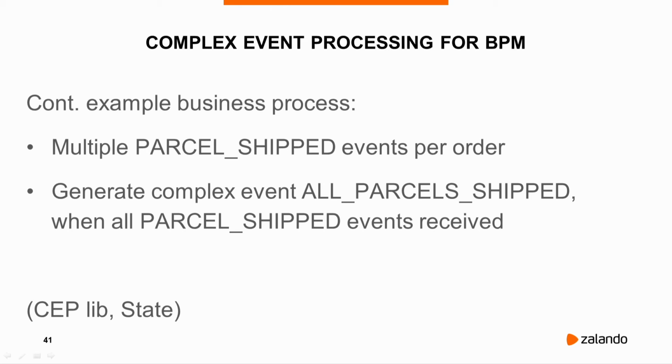So we'll have multiple parcel shipped events per order, and what we want to do is to generate an all parcels shipped event when all the parcel shipped events have been received by the stream processing system. For this, we'll use a CEP library, which is already included in Flink, and also the state.